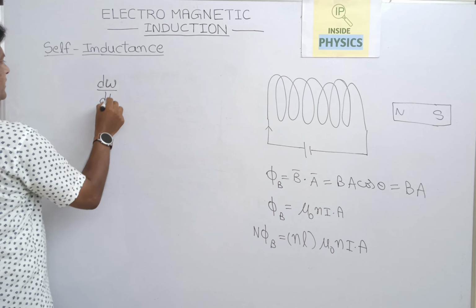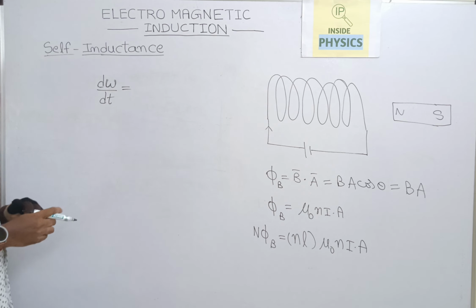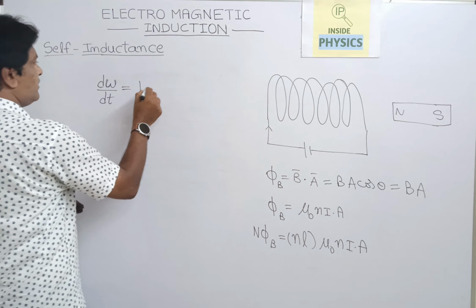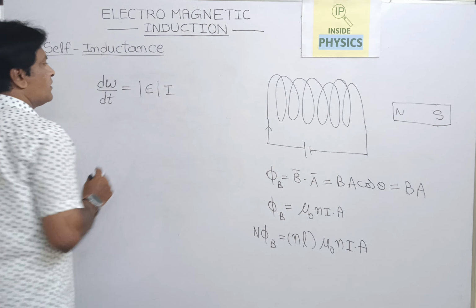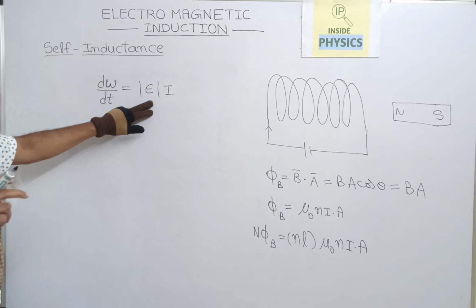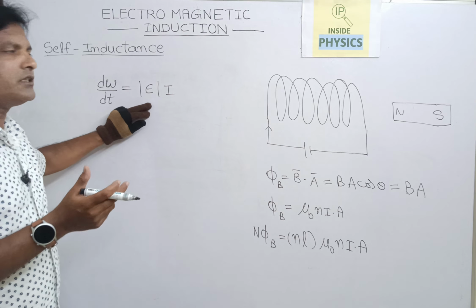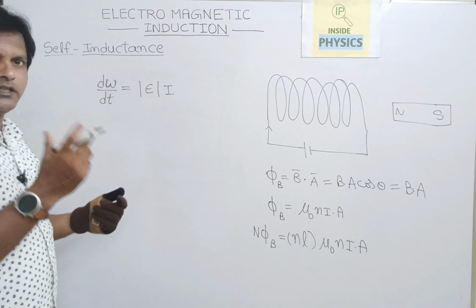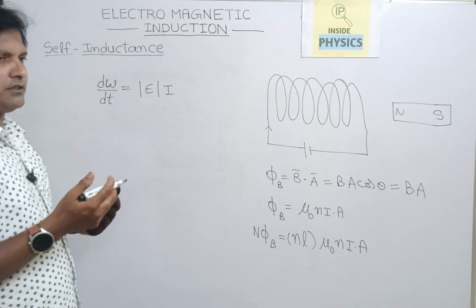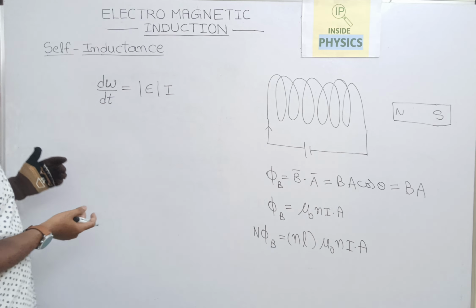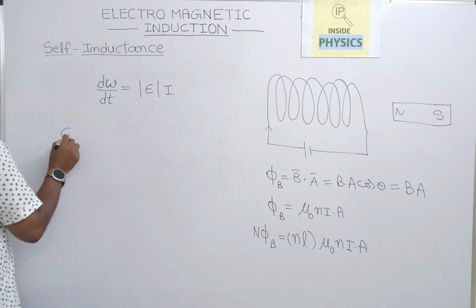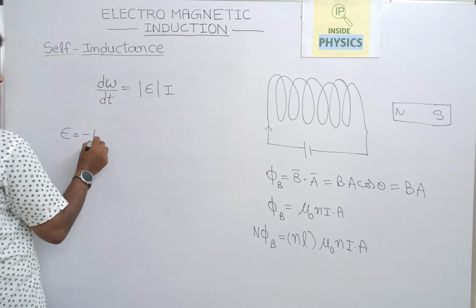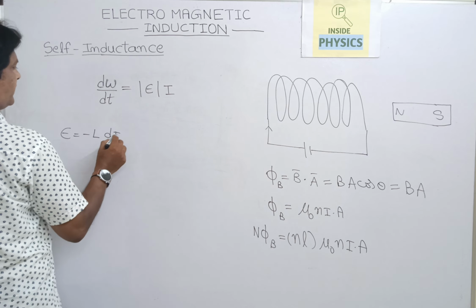dW by dt. The rate of work done is nothing but epsilon times I, where epsilon is the induced EMF. The modulus represents only the value but not the direction. It is opposing, we know, and we already know epsilon is nothing but minus L di by dt.